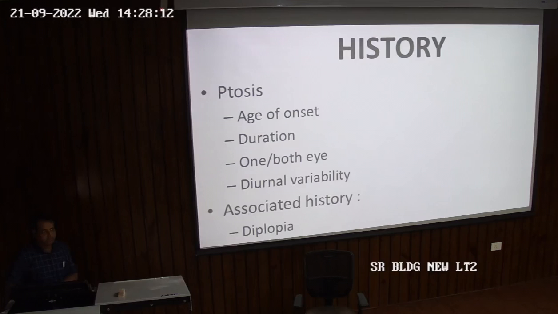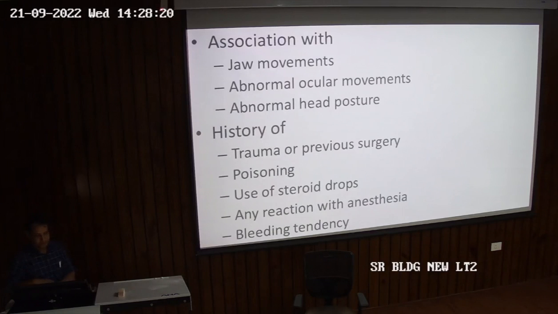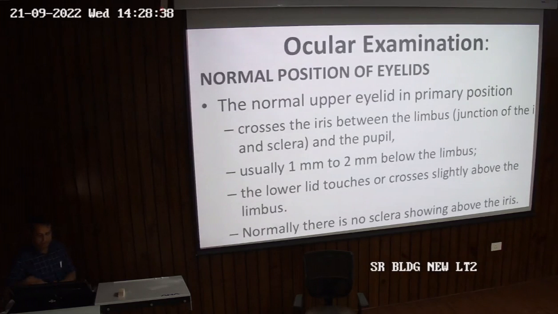Associated history: diplopia will reveal the involvement of other extraocular muscles along with the LPS. Associated with jaw movement in jaw winking synkinesis, abnormal ocular movements and abnormal head posture. History of trauma or previous surgery, poisoning, use of steroid drops, any reaction with anesthesia or bleeding tendency.